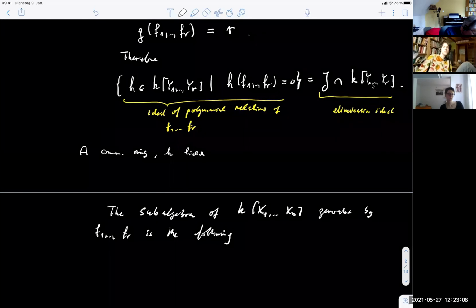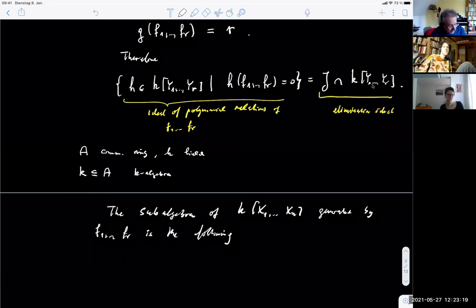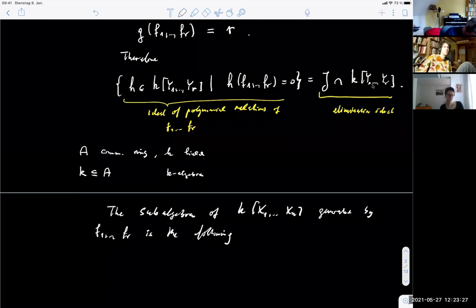Then a K-algebra is essentially a commutative ring which contains the field as a subring.